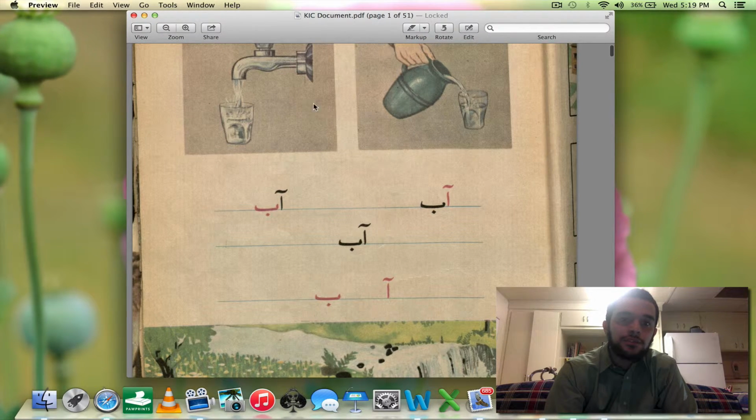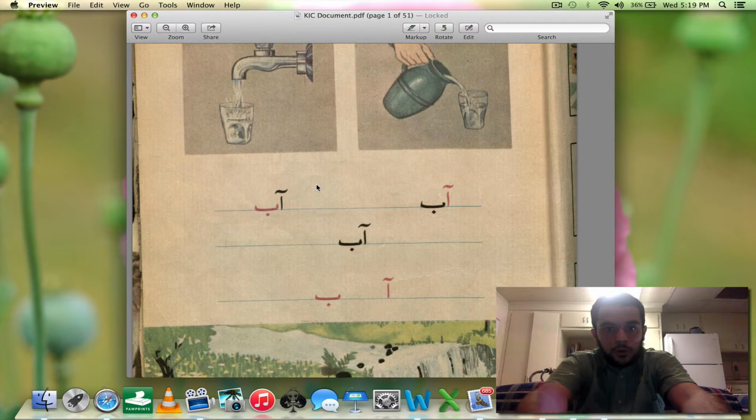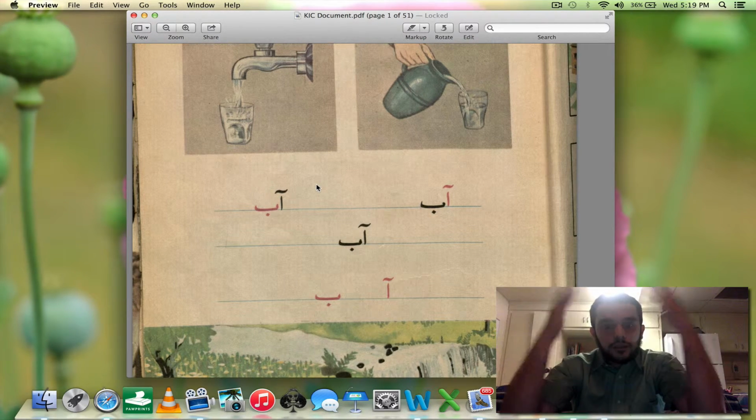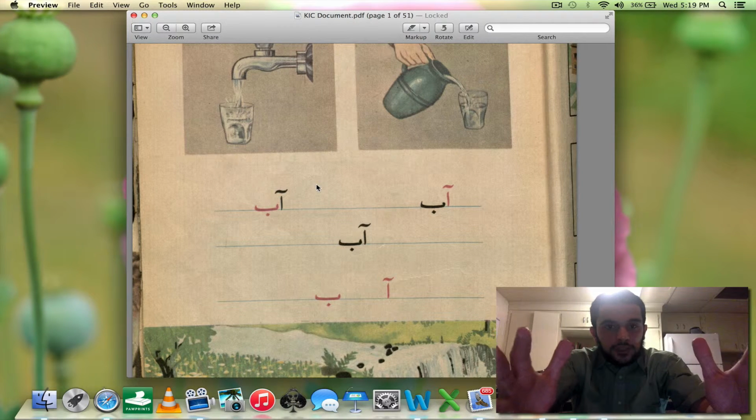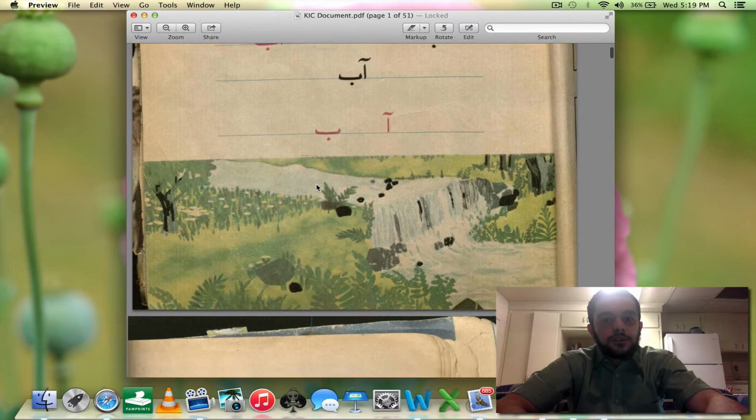Basically, using pictures or everyday images to emphasize language. So ab, what's ab? It's water, and I have pictures around the word and everything, so it's ingrained. So I see all that information on one page. That's incredible, and I highly encourage y'all to make your own pictures and everything.